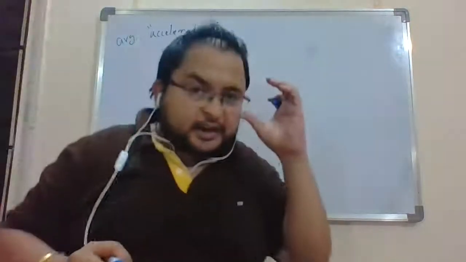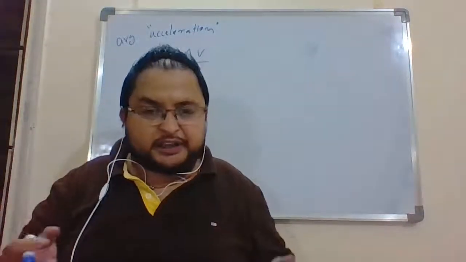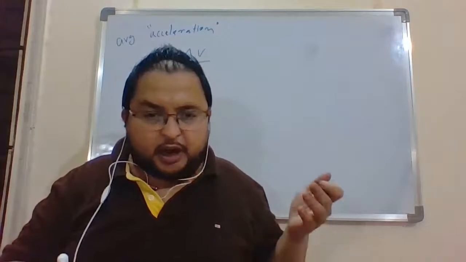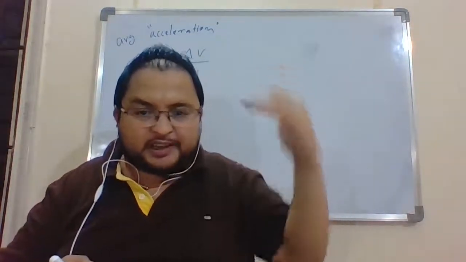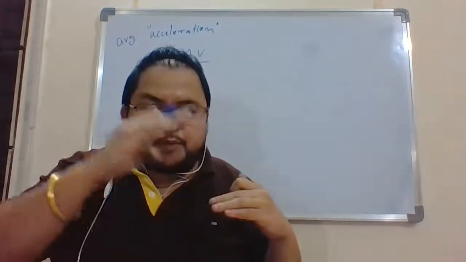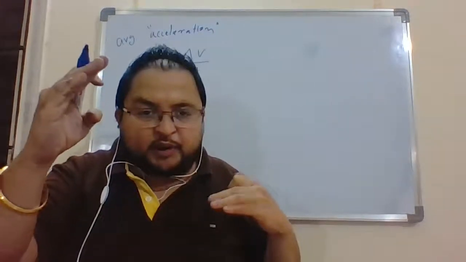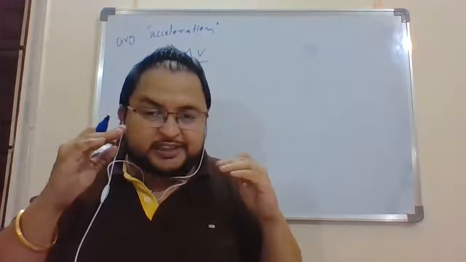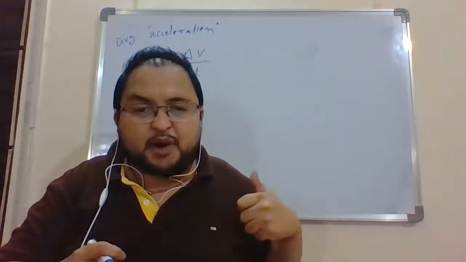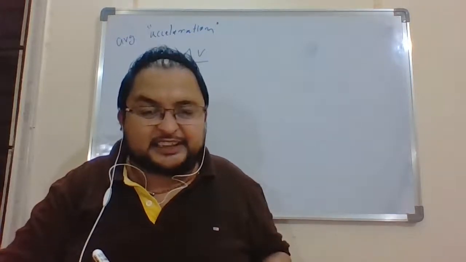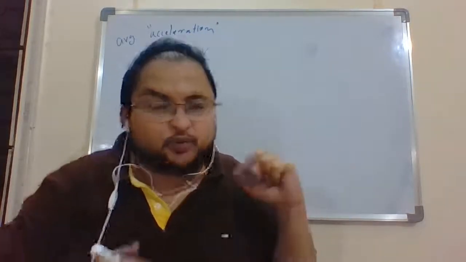Suppose I started my journey at a particular speed, and then after some time I increased it to some other value. Then in that time interval, whatever was the change in my speed upon time, that would be my average acceleration.